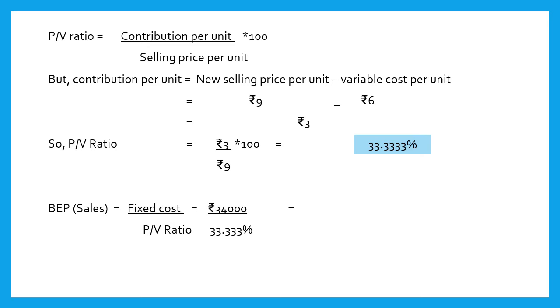After that, the second calculation is BEP sales. The formula is fixed cost upon PV ratio. We have the fixed cost of rupees 34,000 and the just calculated PV ratio of 33.3333. So we use this in our formula and we get the new BEP sales of rupees 1,02,000.